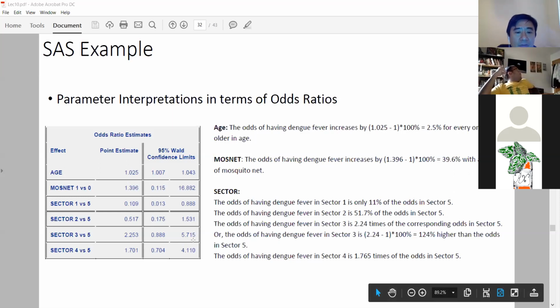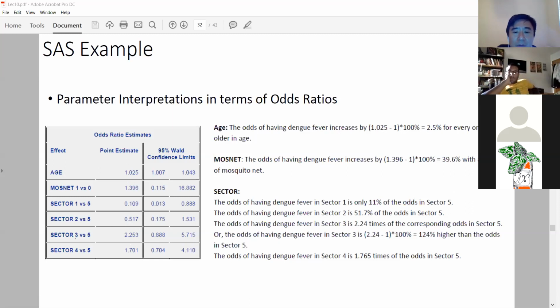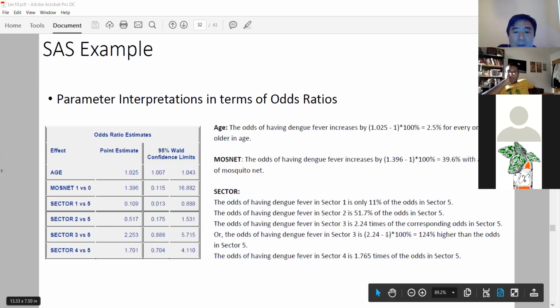Similarly, if you have an odds ratio greater than 1, like sector 3 versus 5, you can interpret that the odds of having dengue fever in sector 3 is 2.24 times that of sector 5.